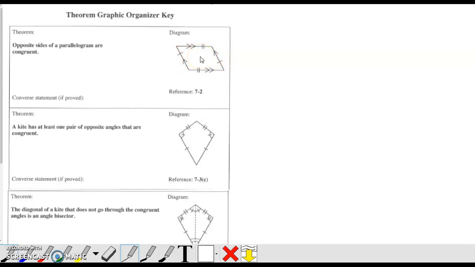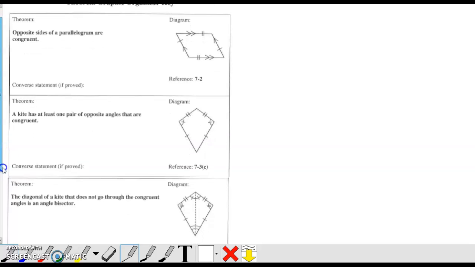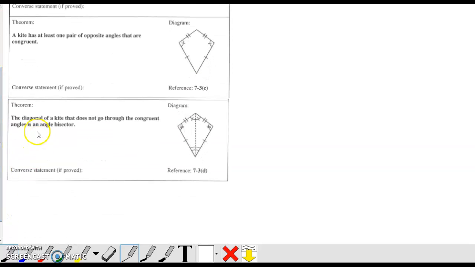Okay, so we can use this now. It is a theorem. We've proven it true. We know that a kite has at least one pair of opposite angles that are congruent, right? So again, this angle will be congruent to that angle. This is not congruent to that. Okay, not necessarily.